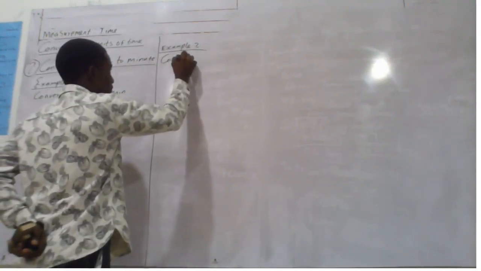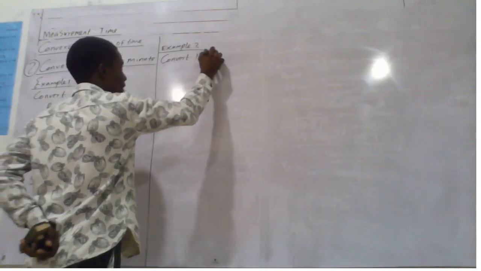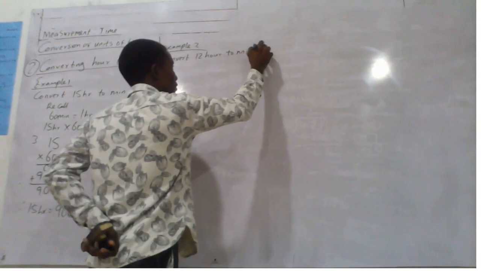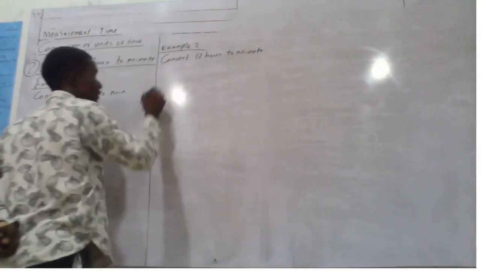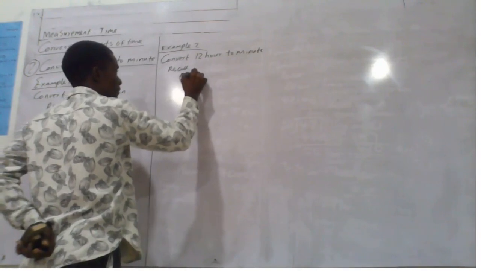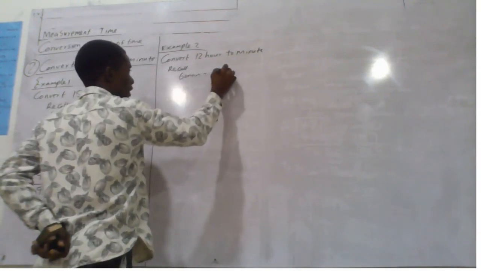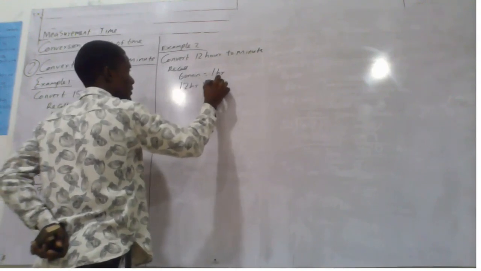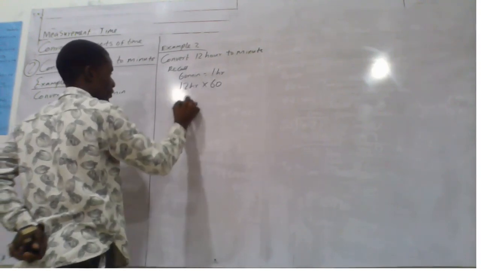Convert 12 hours to minutes. Recall 60 minutes equals 1 hour. So we have 12 hours times 60. 12 times 60.